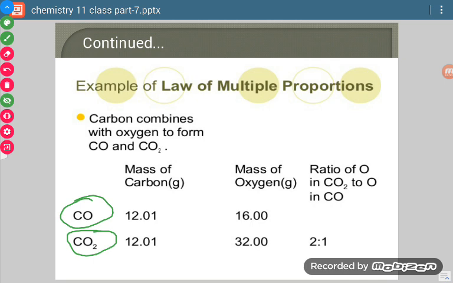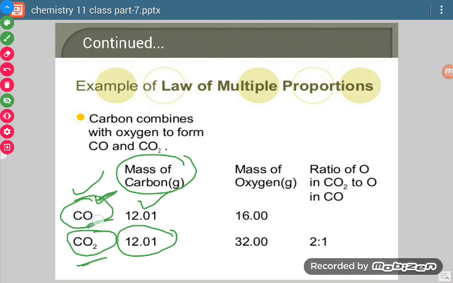Now in this compound, what is the mass of carbon? It is 12. In this compound also there is only one carbon, so mass of carbon is 12. Now in this compound there is one oxygen, so mass of oxygen in this case is 16. In this case there are two atoms, so mass of oxygen is 32.